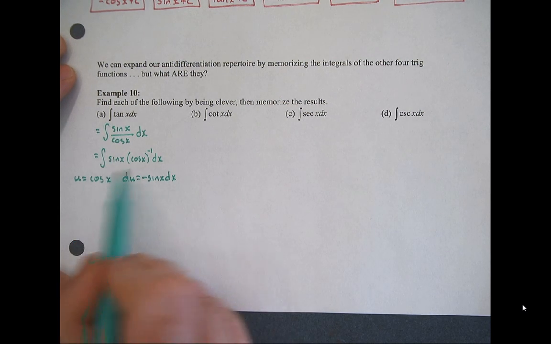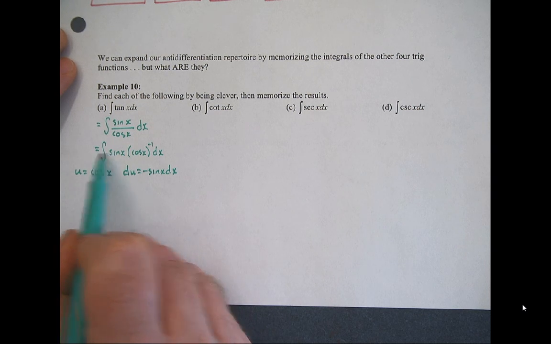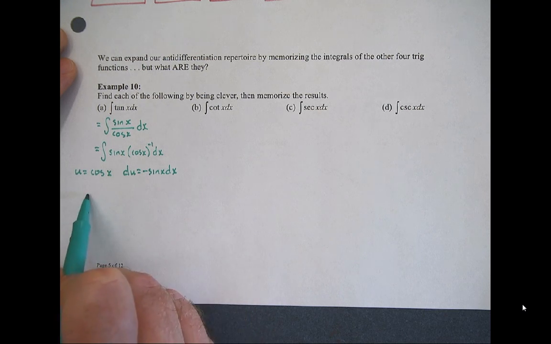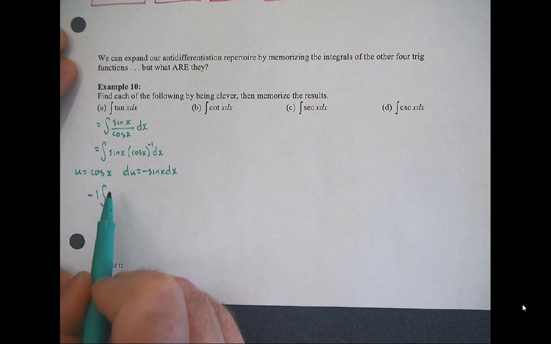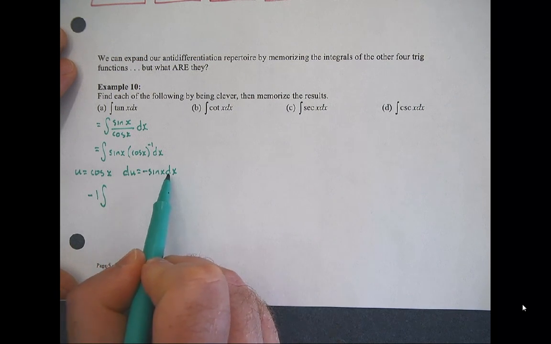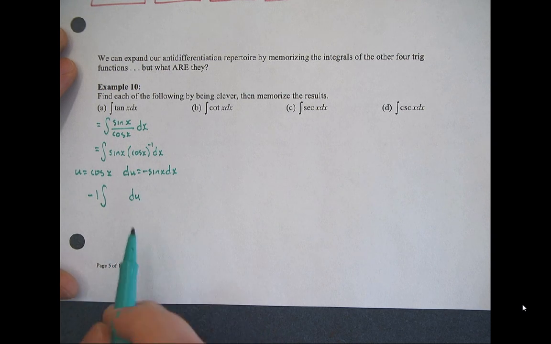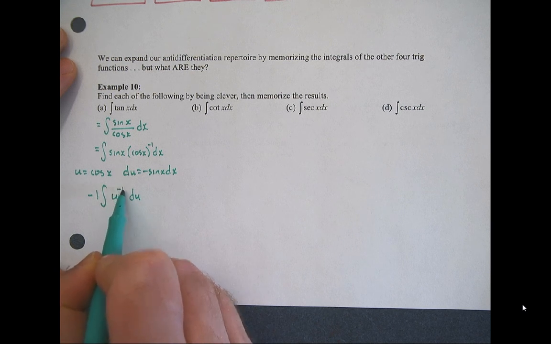So if I wanted to do a rewrite, I'll do this one the long way. I don't have any constants. I need to account for a negative, so my correction would be a negative 1 out front. Then the integral of, okay, so the negative that I'm making and the sine x and the dx are all going to roll together to make du. And then cosine of x is u, so that's u to the negative 1.